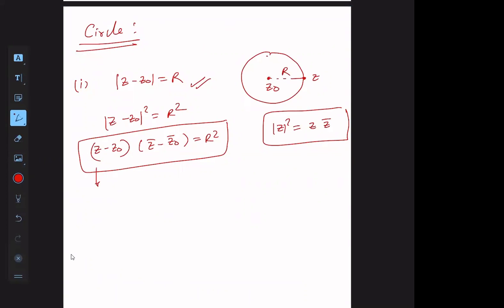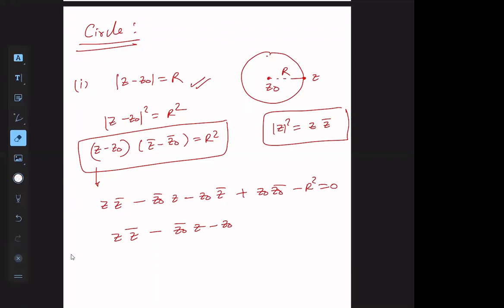Now if you multiply this, what will you get? z z bar minus z naught bar z minus z naught z bar plus z naught z naught bar minus r square equal to 0. So basically this is the equation of the circle in this form.